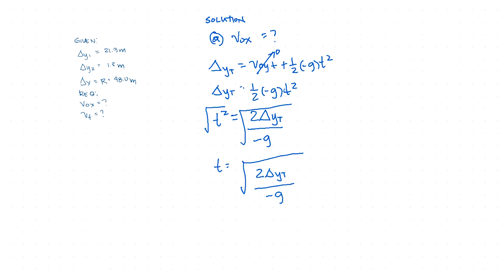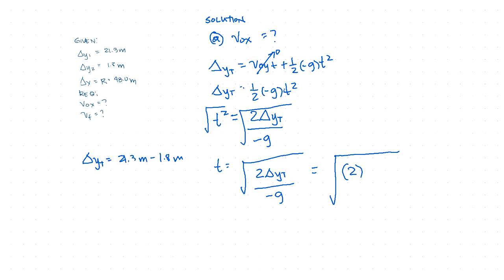So, yung time, equal siya sa square root nung twice the total displacement. So, paano natin makukuha yung total displacement? Kunin lang natin yung difference ng dalawa. So, yung total delta y is equals to 21.3 meters minus 1.8 meters.